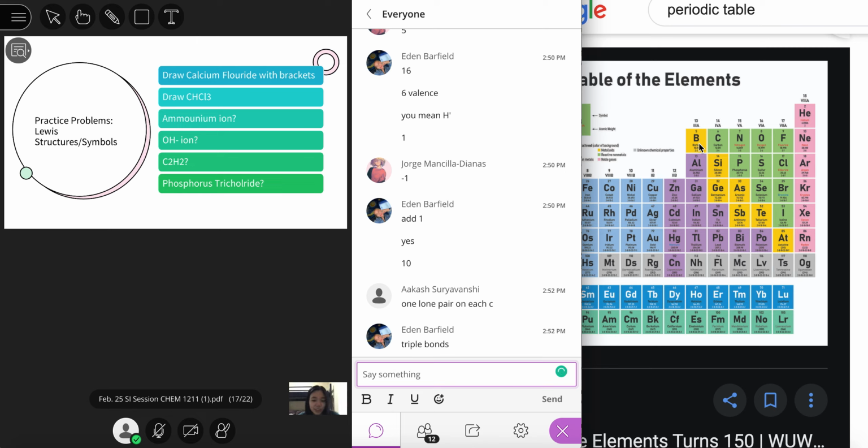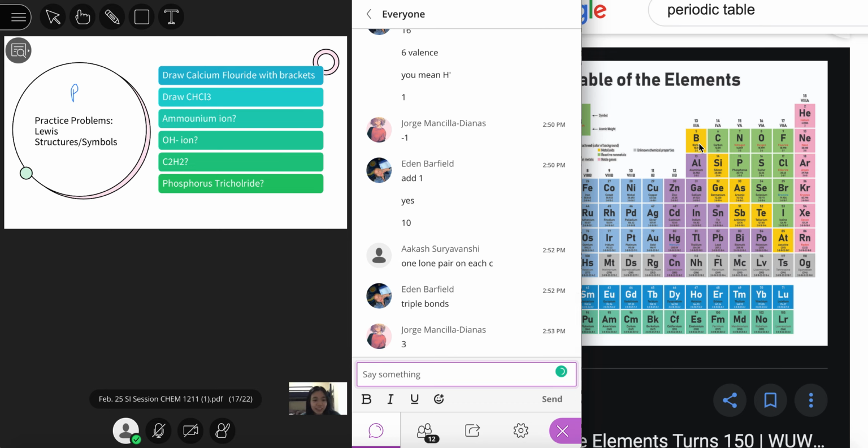So what about phosphorus trichloride? There's going to be one phosphorus. How many chlorides are we going to have? Three, exactly, yes. So how many valence electrons are in this molecule?